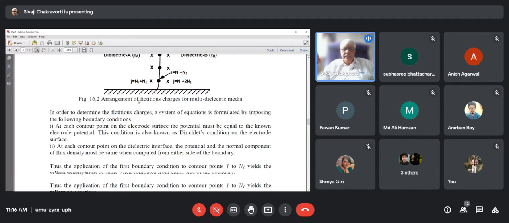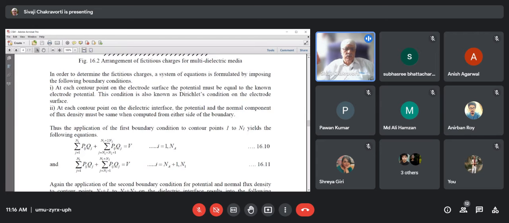So that's what is written here, equation 16.10. You can see here Pijqj, which I have already explained in my last class. Eij is the potential at the location of the ith point due to unit charge at the jth point, multiplied by the charge magnitude at the jth point.